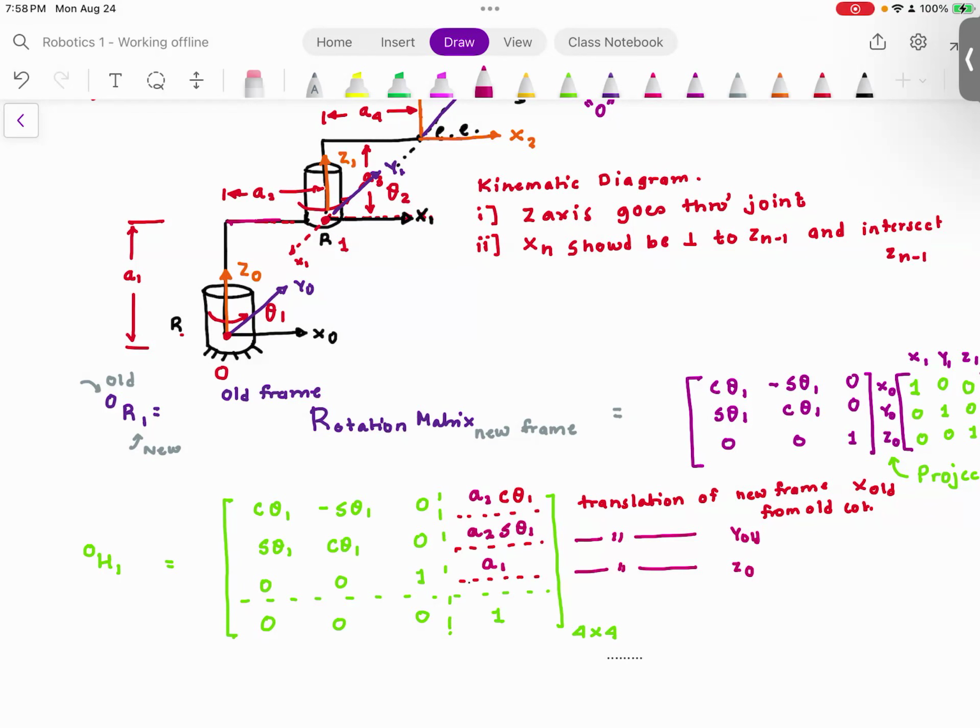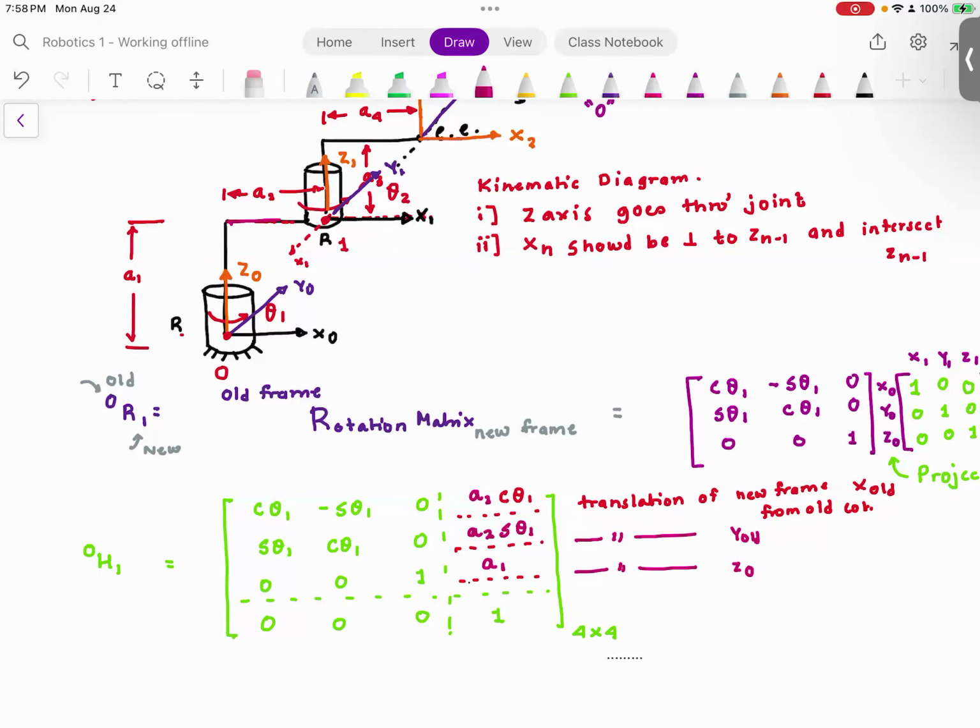This is the most important matrix, the homogeneous transformation. If your homogeneous transformation is wrong, your forward kinematics problem will be wrong, inverse kinematics problem will be wrong, velocity problem would be wrong, acceleration would be wrong, force problem would be wrong. So it's extremely important that you get this homogeneous transformation right.